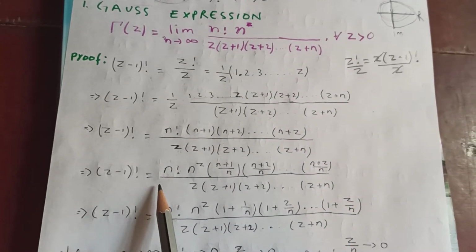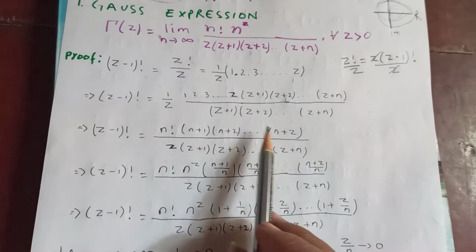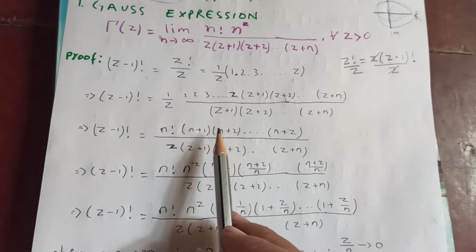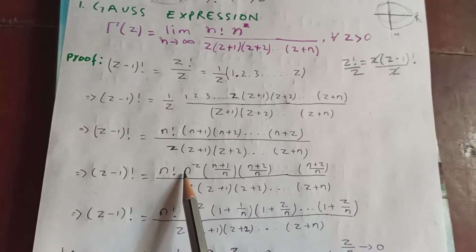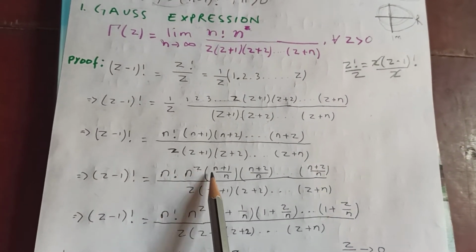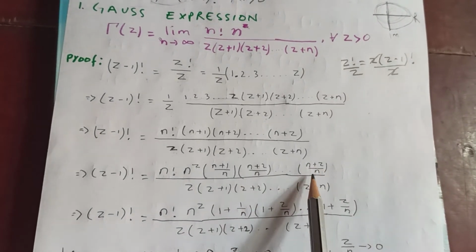So z minus 1 factorial is n factorial. Now all these things we divide by n, z times, meaning n to the z: n plus 1 by n, n plus 2 by n, up to n plus z by n.